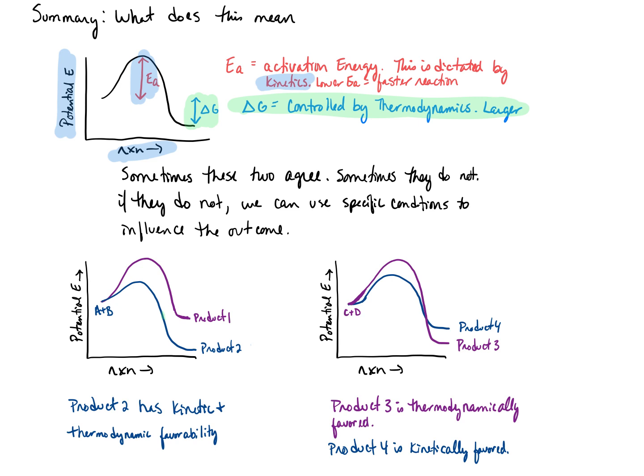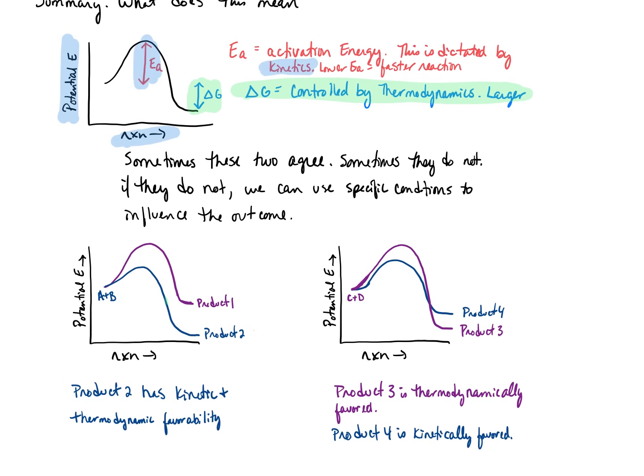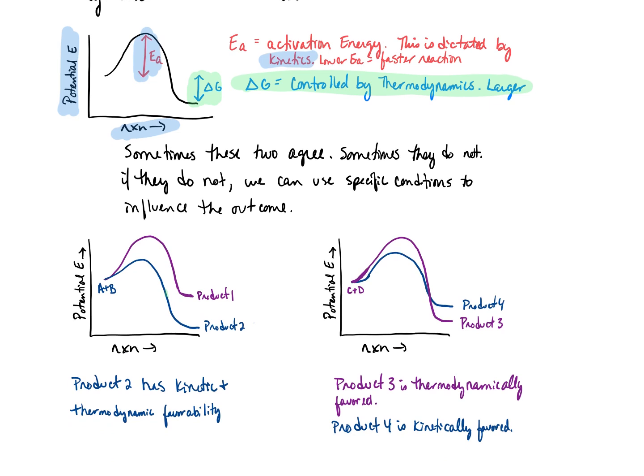Now when that happens in the one on the right, we have two different scenarios here. So the first thing that I want to point out is that this is not as much of a high activation energy as this one. So in the purple line, we have a higher activation energy. In the blue line, we have a lower activation energy.